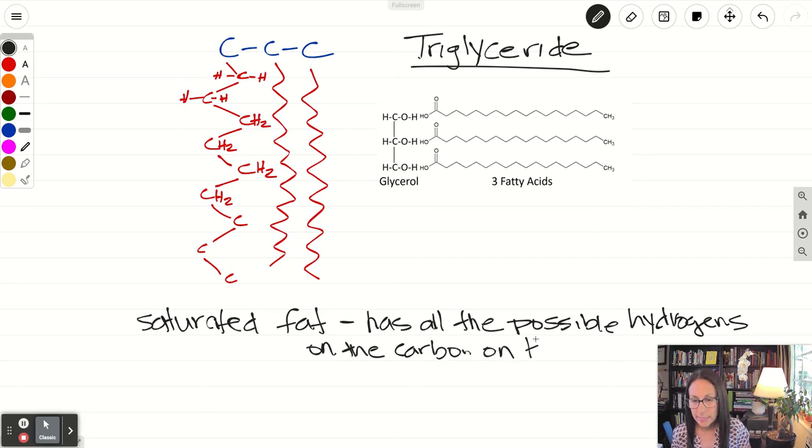What that means is that all the carbons are saturated with hydrogens.